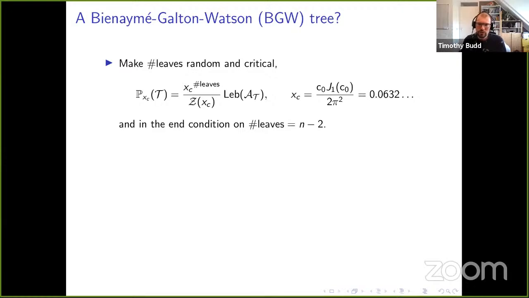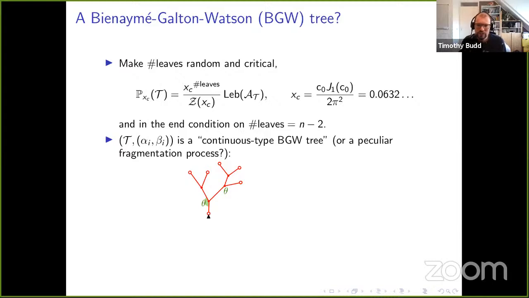So the first thing we should do is make the trees of random size. In particular, we're going to make them critical. So the number of punctures in our surface will now be a random variable, with the probability of having a certain number of punctures proportional to some critical constant x_c to the power of the number of punctures. This turns the trees also into critical trees.